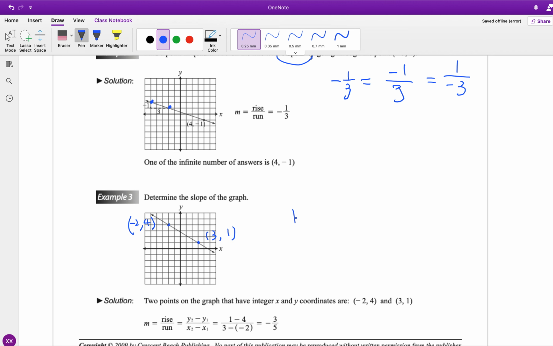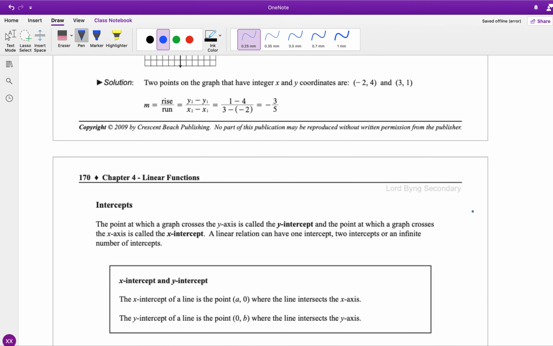Okay, so then the slope equals this y value subtract that y value over this x value subtract this x value. So we have 3 and negative 5. Then that is our slope, negative 3 over 5.